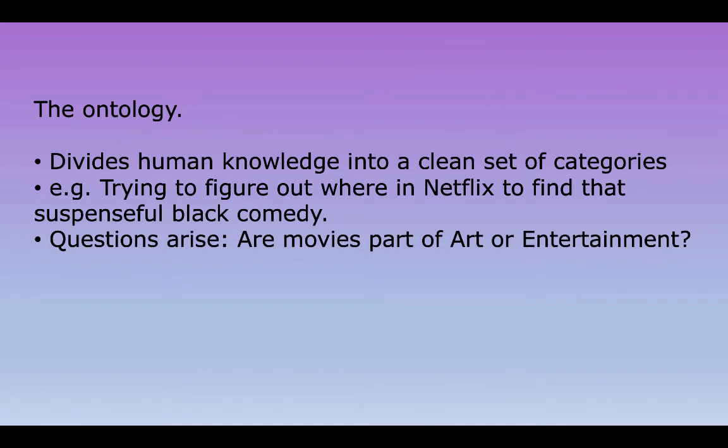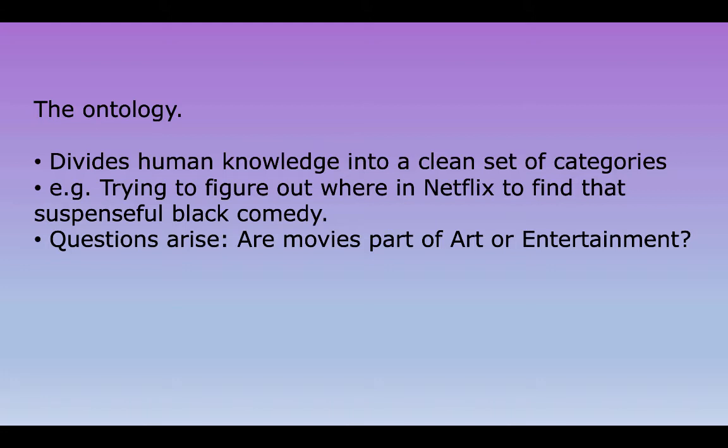So what ontologies do is they divide up human knowledge into a clean set of categories. The example here is you could try to figure out where in Netflix you might want to find a suspenseful black comedy. I just used three different ways of defining what I'm looking for. How do we take all of our human knowledge and put it into clean categories that we might all easily understand?